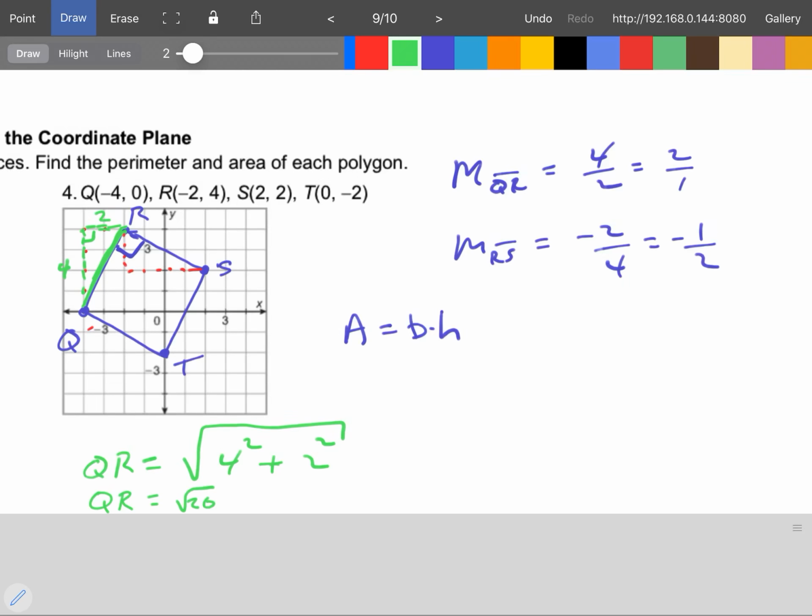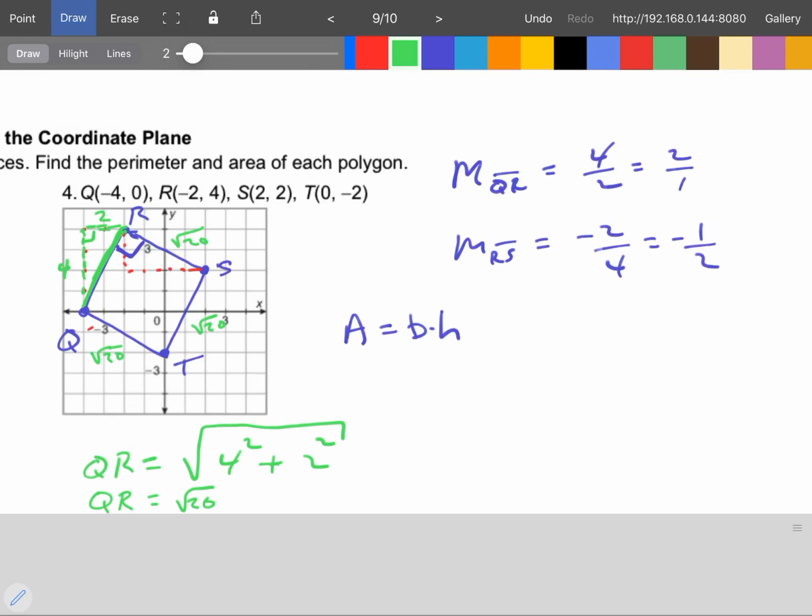Well, it's a square then. So since it's a square, then all the sides are congruent. They're all the same. So that means that this side is the square root of 20. And this side's the square root of 20. They're all the square root of 20.